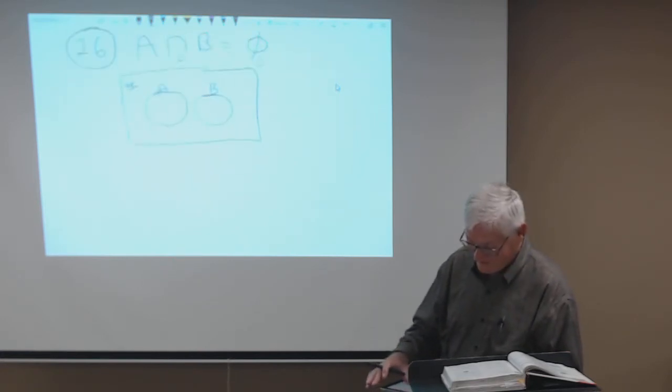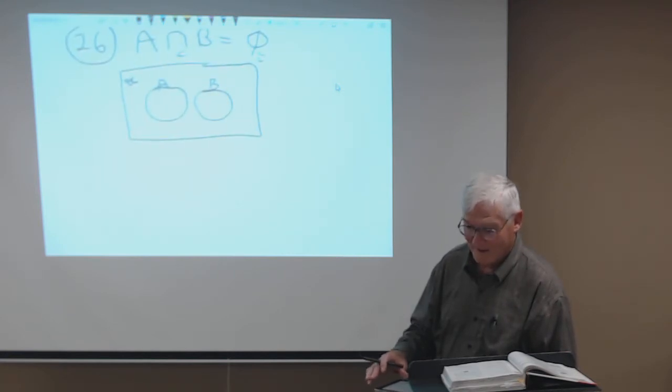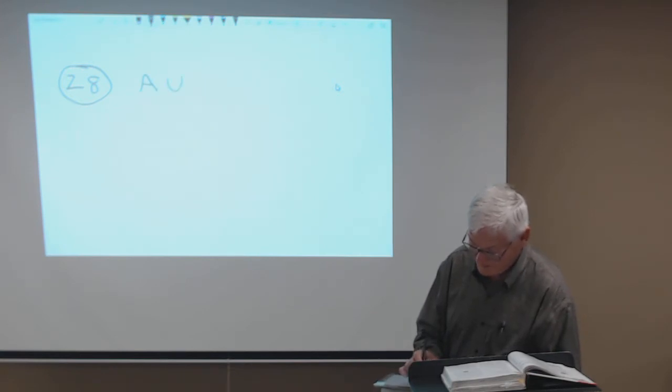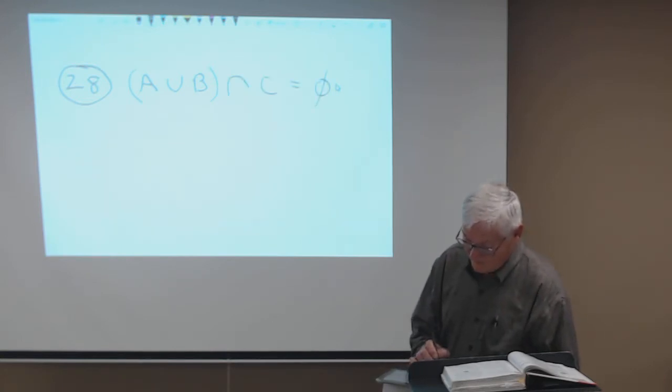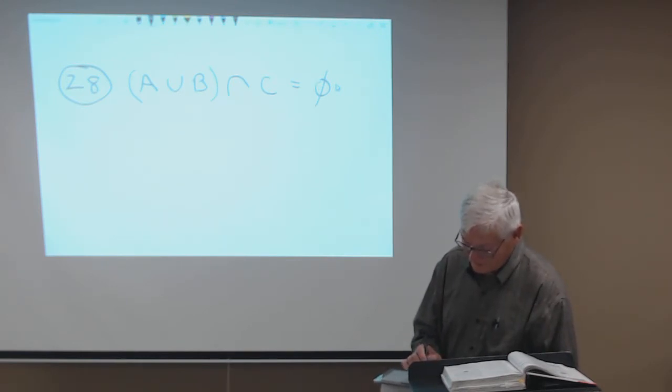Let's do 28. So now I have A, B, and C. So I have 3 circles.